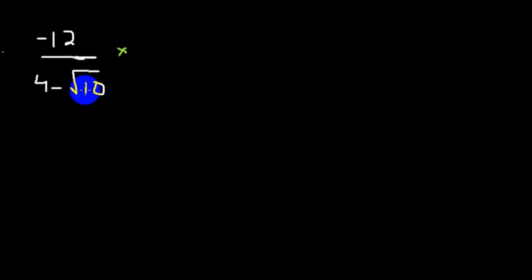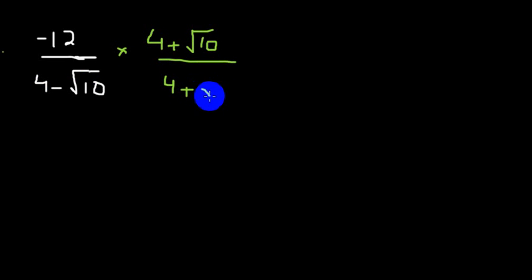Take the conjugate of this expression, which will be 4 plus square root of 10. So 4 plus square root of 10, and also divide it by 4 plus square root of 10. Okay, now you have to multiply it.